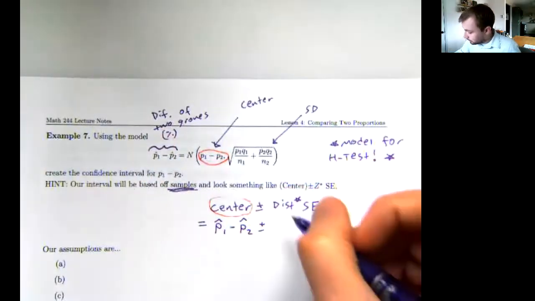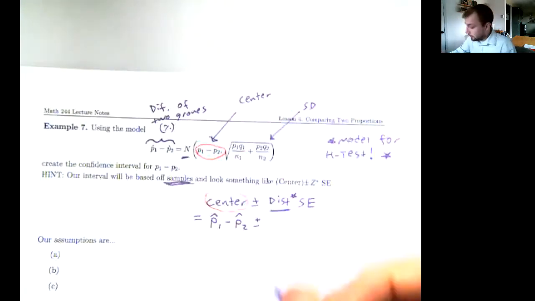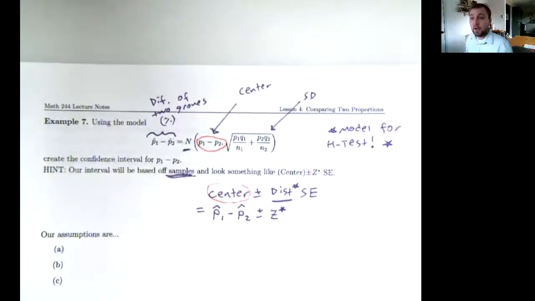Second part of this, my distribution. I'm working with the normal distribution still, so I'm going to be working with z-scores. I know that z star for 90% is 1.645, for 95% it's 1.96, and for 99% it's 2.576. Those values are still true.